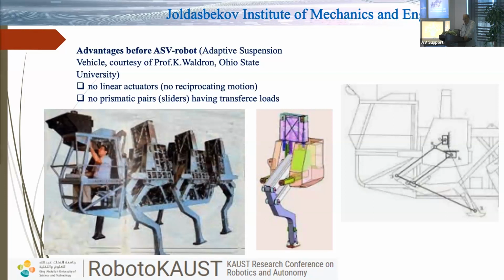But here we have the problem of reciprocating motion of these linear actuators that affects the resource of the actuators, of hydraulic cylinders. And so after 100 kilometers, you have to replace all actuators, all hydraulic cylinders.